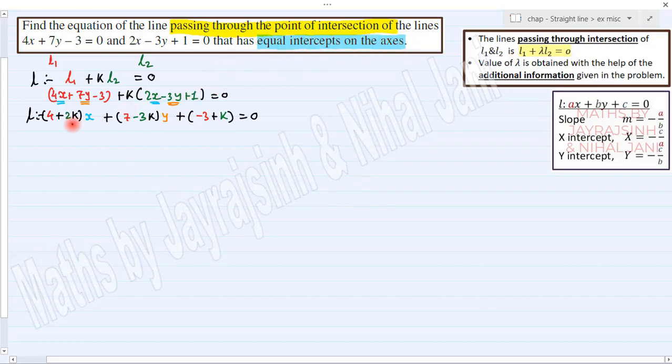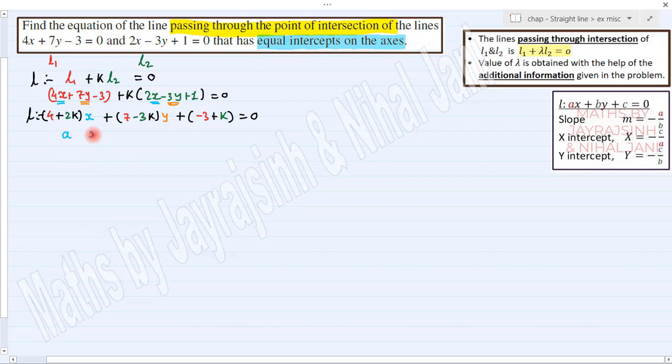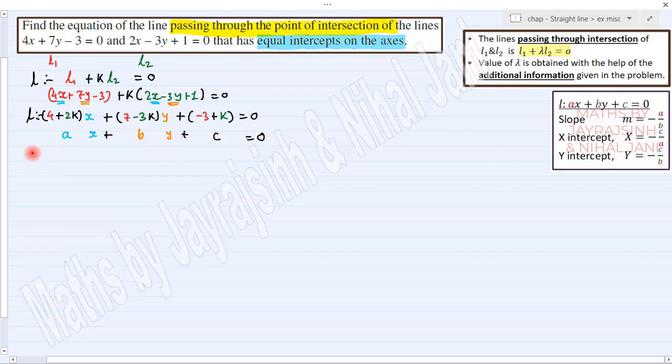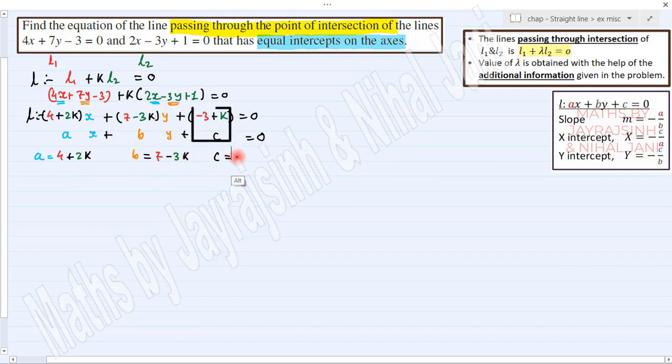And to get the intercepts on the axes, let's compare this equation of line with the standard equation of line, which is ax plus by plus c is equal to 0. So we can say a, which is the coefficient of x, is 4 plus 2k. b, which is the coefficient of y, is 7 minus 3k. And your constant term is minus 3 plus k.